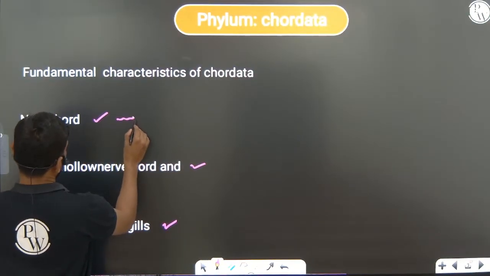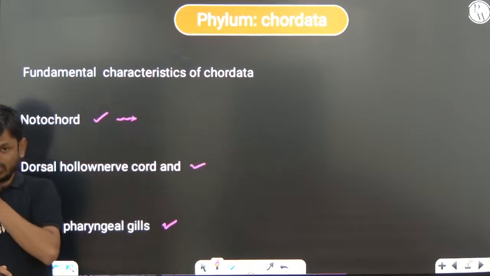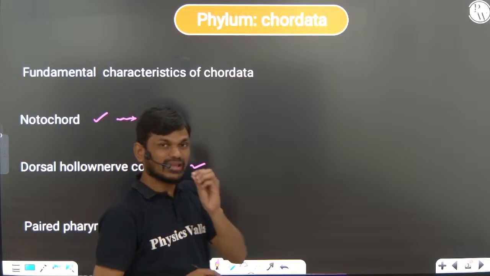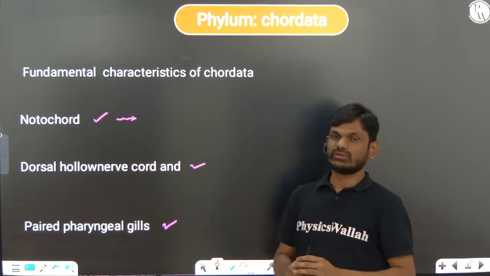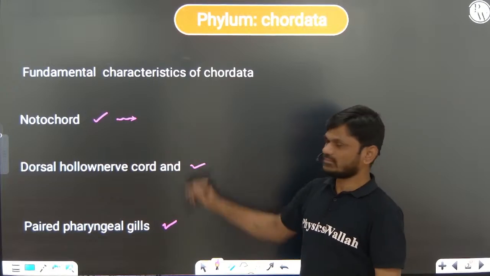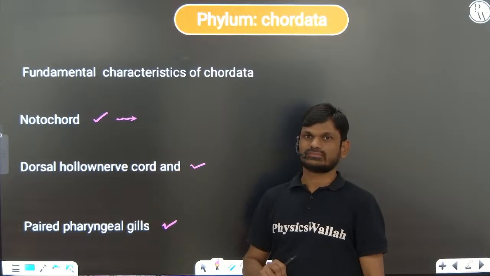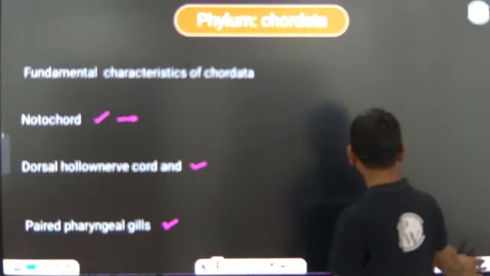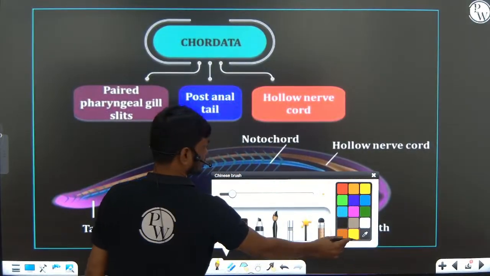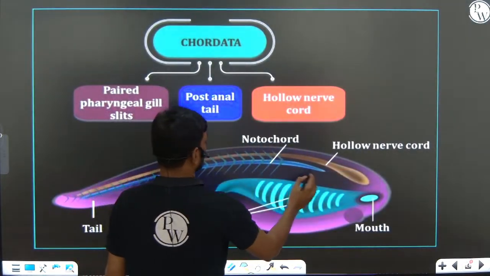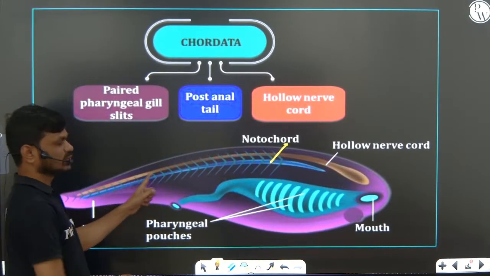Notochord is a solid rod-like structure present on the dorsal side of the animal, below the hollow nerve cord. I will show you in the figure. You can see this rod-like structure; that is the notochord.